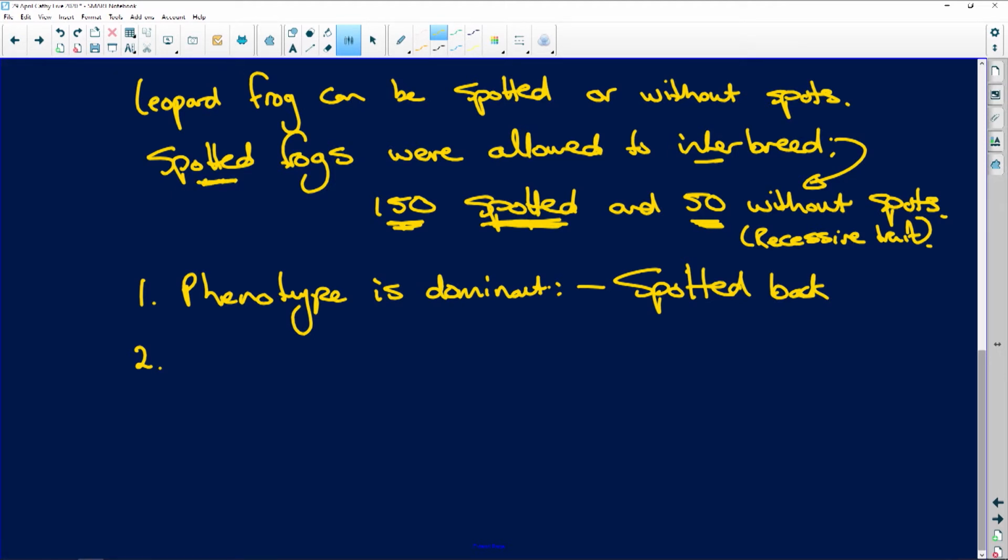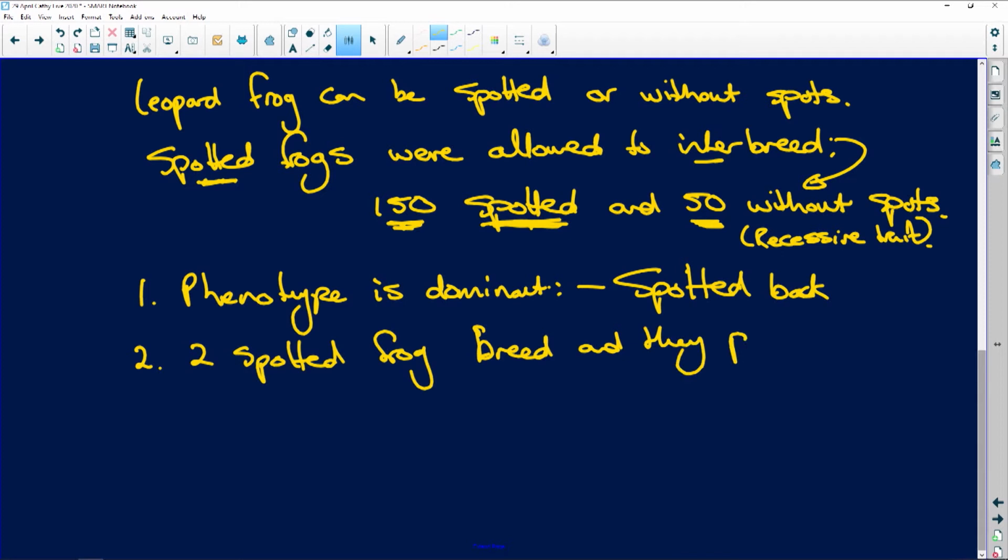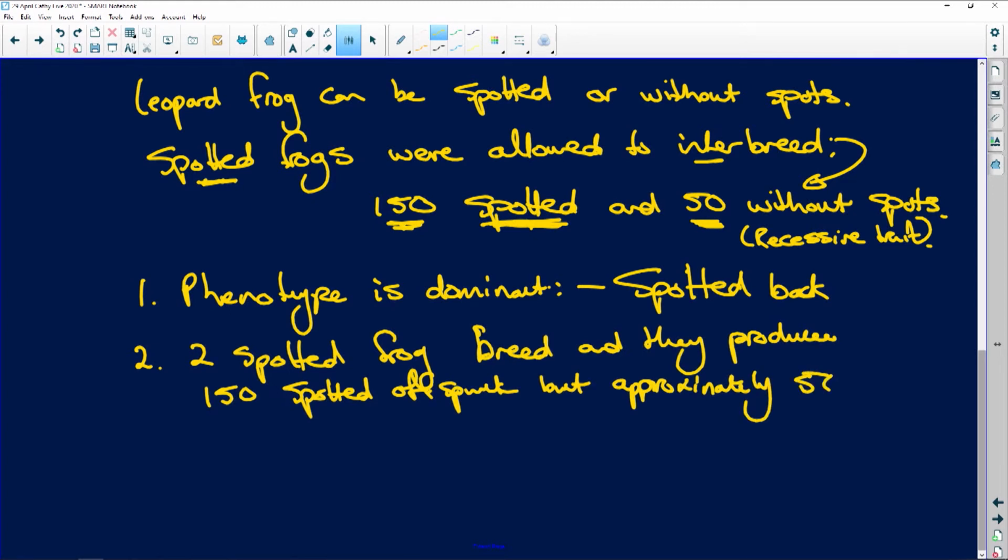If you have 2 spotted frogs breeding, and they produce 150 spotted offspring, but approximately 50 offspring have no spots, well, that's a 3-to-1 ratio.